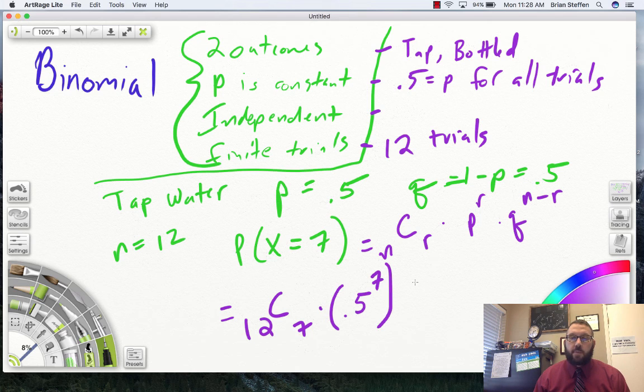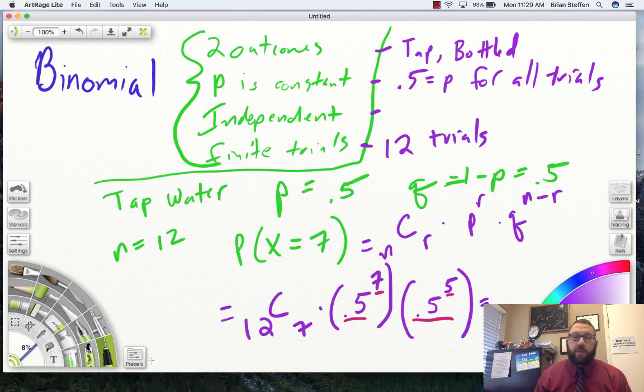Then I want times my probability of failure, which is also 0.5. How many failures do I want? That's 5, because 7 and 5 makes for all 12. So we're recognizing that these 2 numbers have to add up to n, and these 2 numbers have to add up to 1 as I'm working through this.